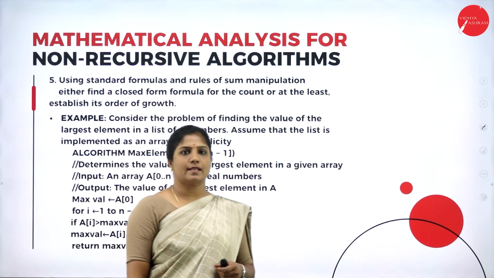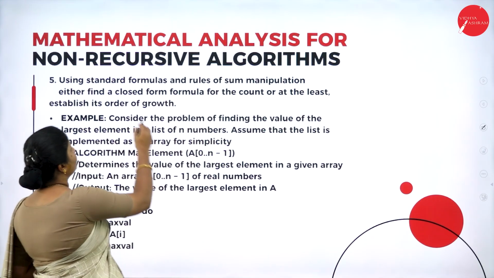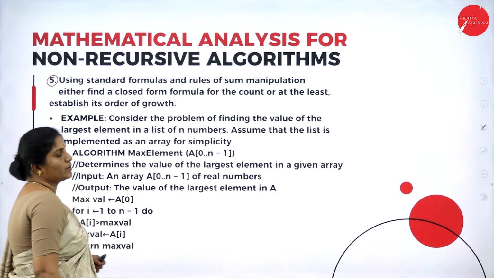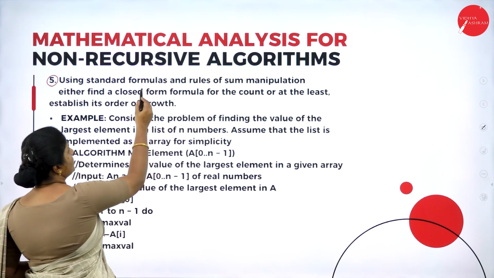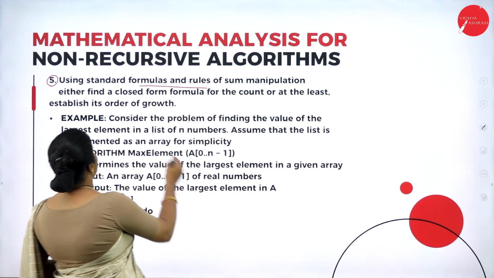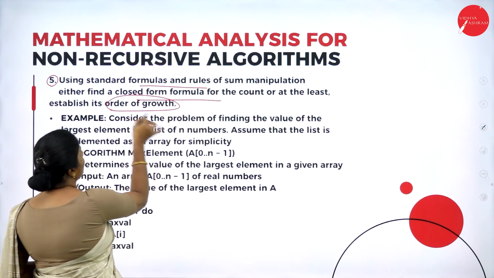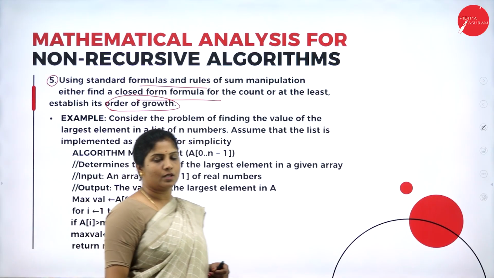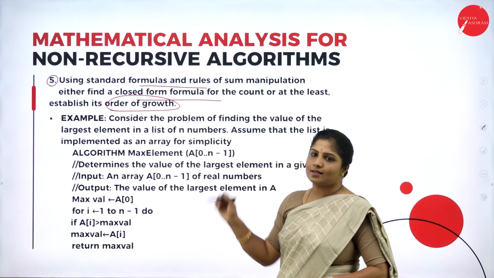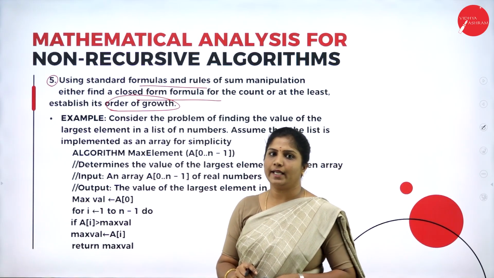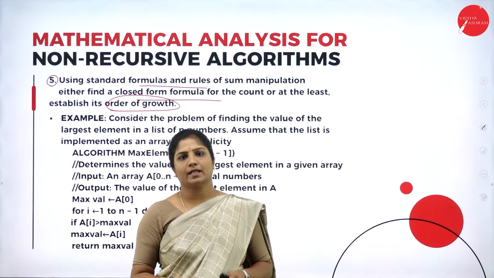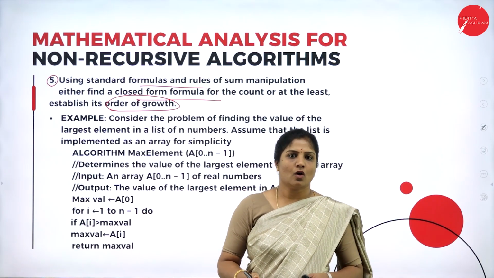Let us discuss the next plan. So we have plan 5 here. Using the standard formulas and rules, some manipulation we need to do to establish the order of growth. So these are some of the plans we need for the mathematical analysis of non-recursive algorithms.